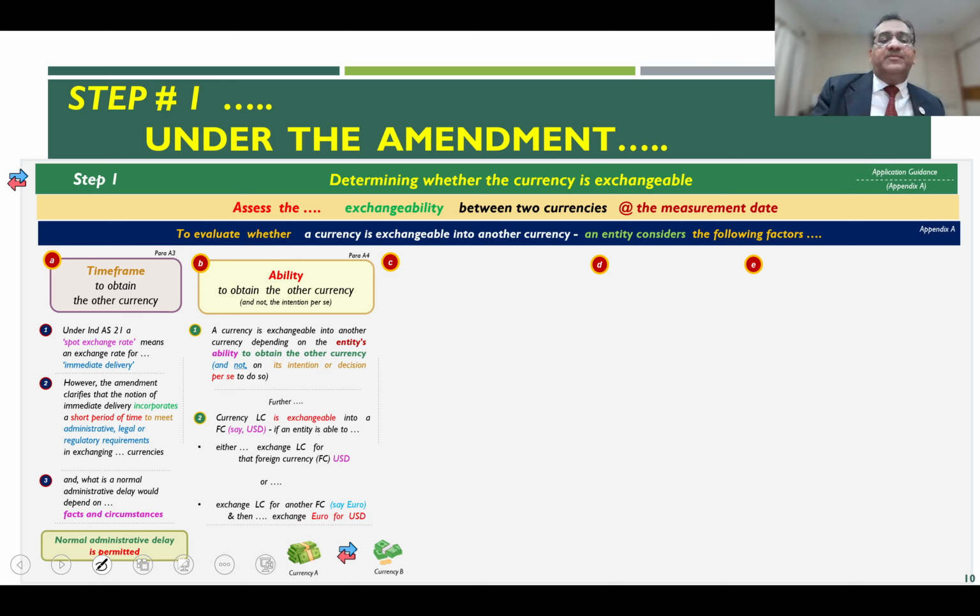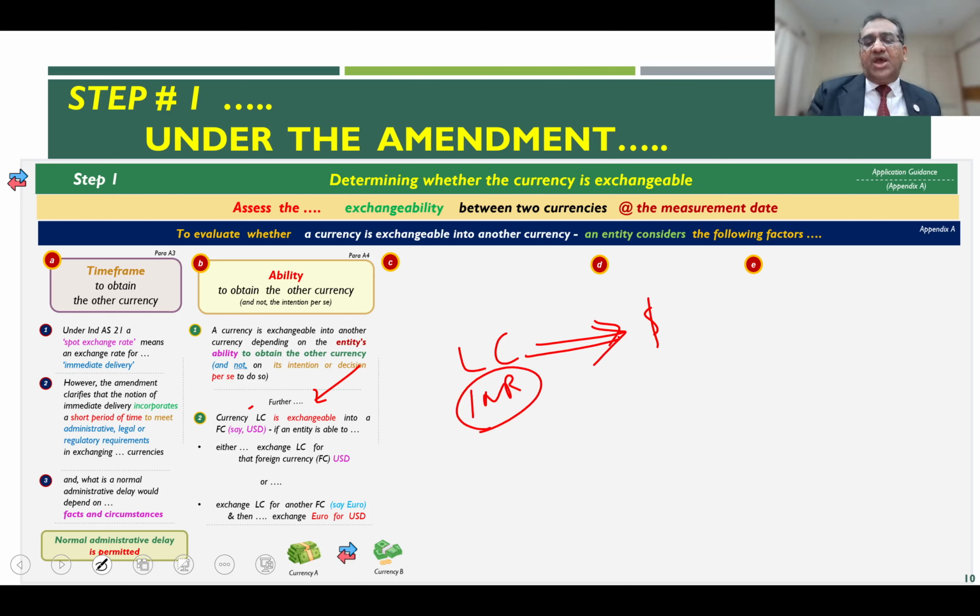Now, this exchangeability need not be direct. It could be indirect also. So, for example, currency LC is the local currency. If you have a local currency, it is exchangeable into US dollar either directly. For example, INR is the local currency. If you go to the authorized dealer, you can just convert INR into dollar. This is a direct conversion. The other option could be, even if the direct conversion is not available, an indirect conversion available would also meet this test.